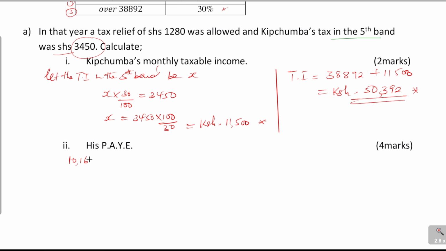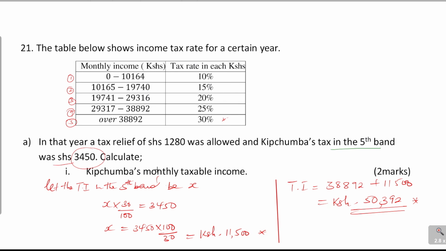10,164 multiplied by 10%. This one should give a tax of 1016.40. We go to the second band. Second band, we are going to get the amount taxed there by taking 19,740, then subtract 10,164, not 10,165.